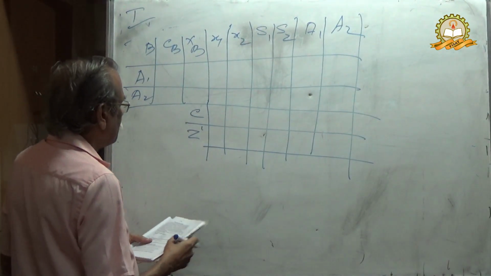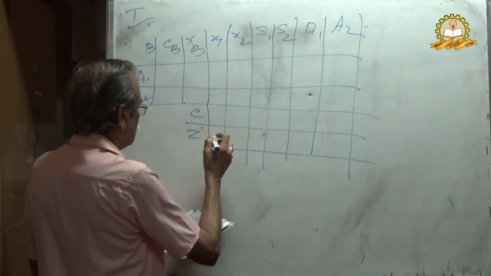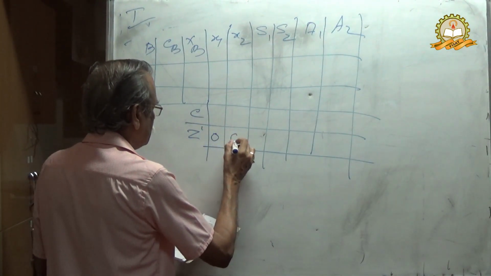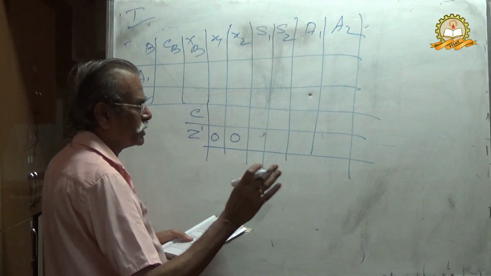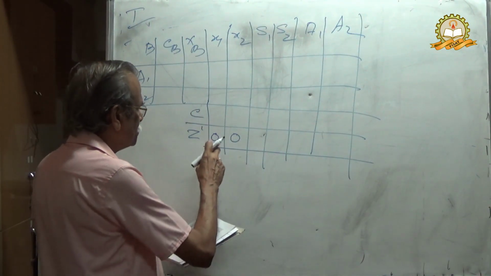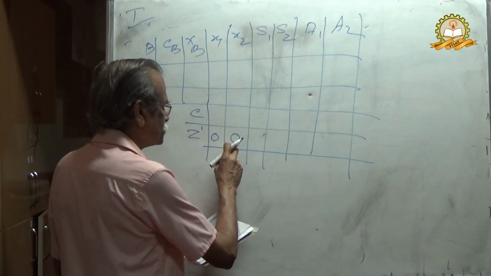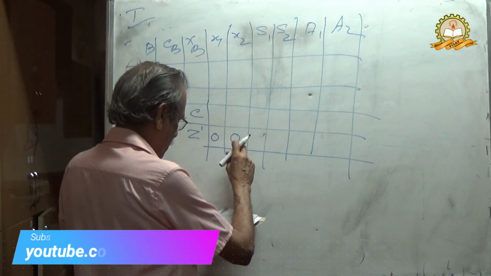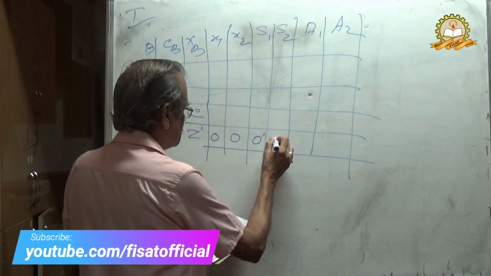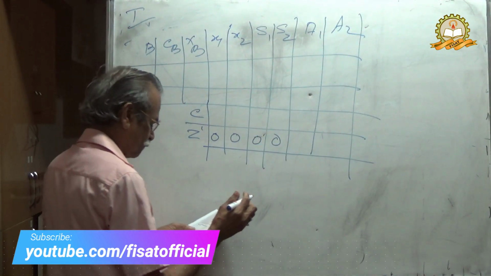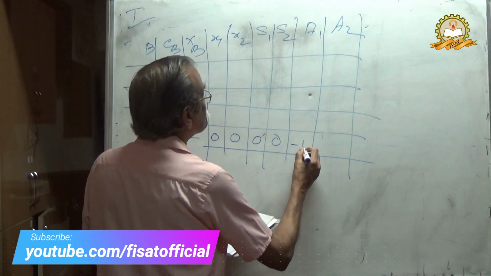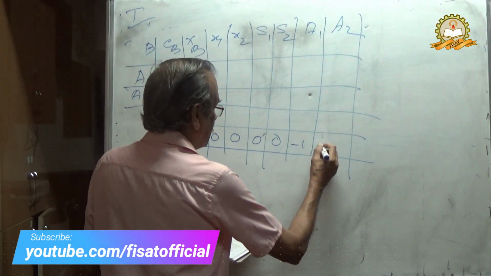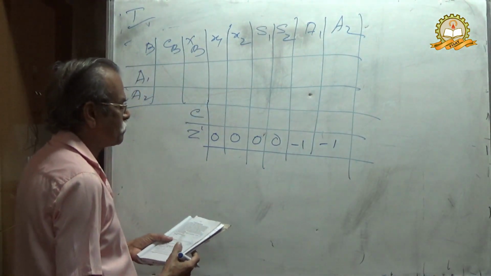Then Z dash will be 0x1, 0x2, then 0s1, 0s2, minus 1 a1, minus 1 a2.